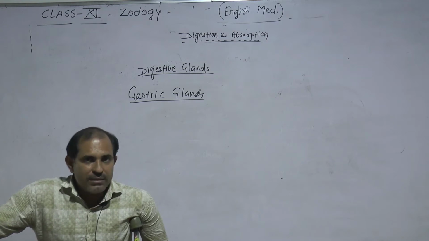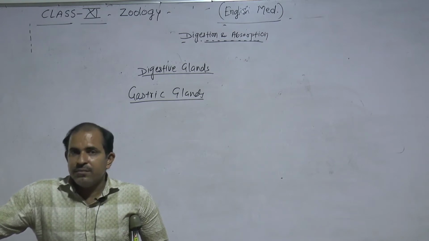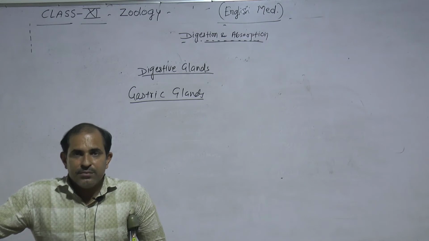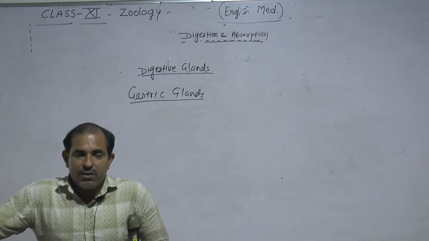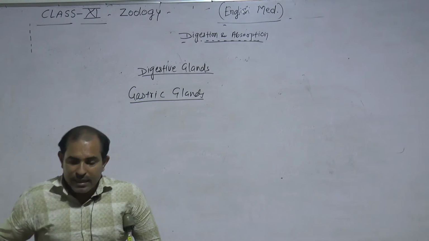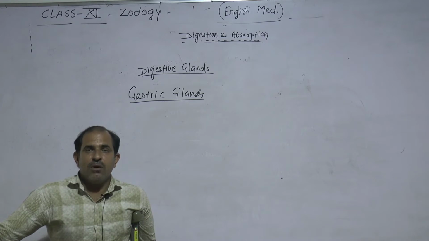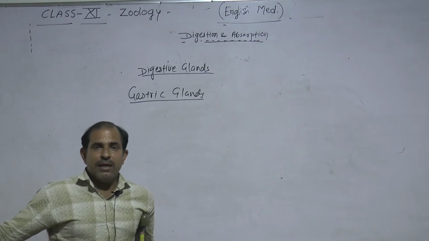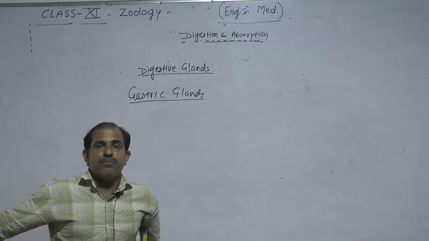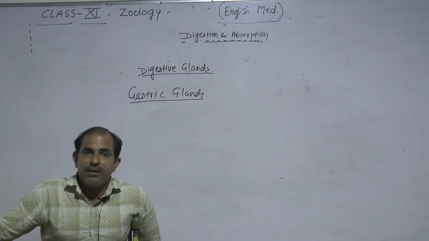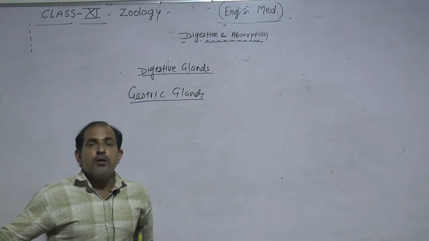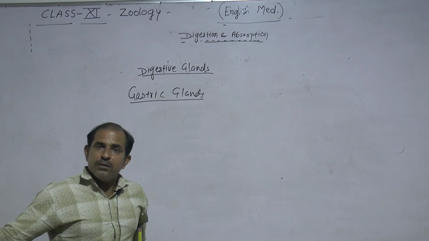The gastric glands present in the cardiac region are called cardiac glands, those in the fundic region are called fundic glands, and those in the pyloric region are called pyloric glands. Fundic glands are the maximum in number, because the fundic region is the largest part of the stomach.